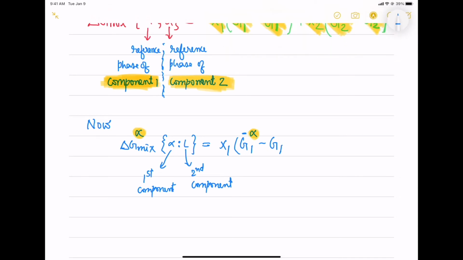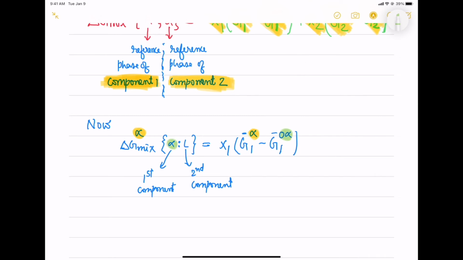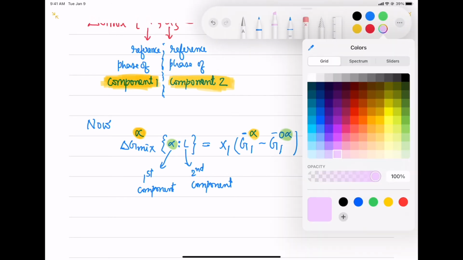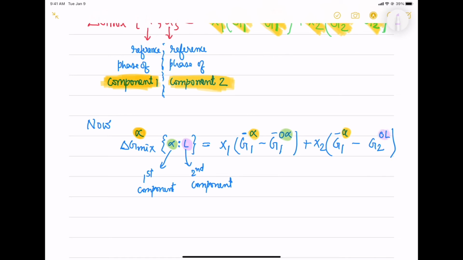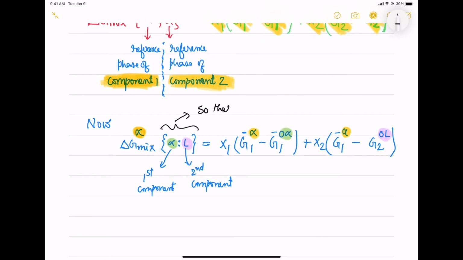So this alpha and this 0 alpha reference to the first component alpha, and you can see I have 0. I have given for the alpha phase all yellow color, and green color is for the reference state of the first component, and violet color is the reference state for the second component.